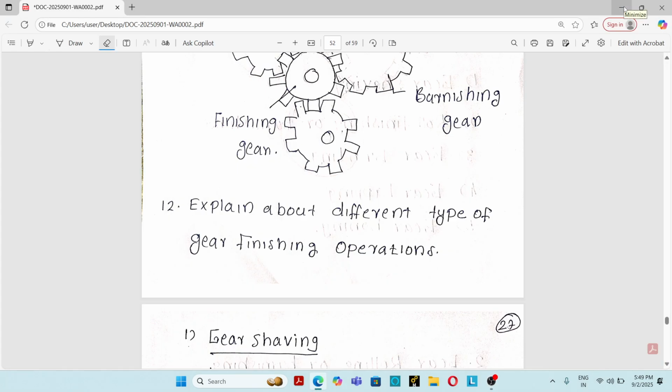In this video, I am going to discuss different types of gear finishing operations. In the last video, we discussed different types of gear cutting processes: the gear milling or form milling process, and three gear generating processes: gear shaper, rack planing, and third, the gear hobbing process.